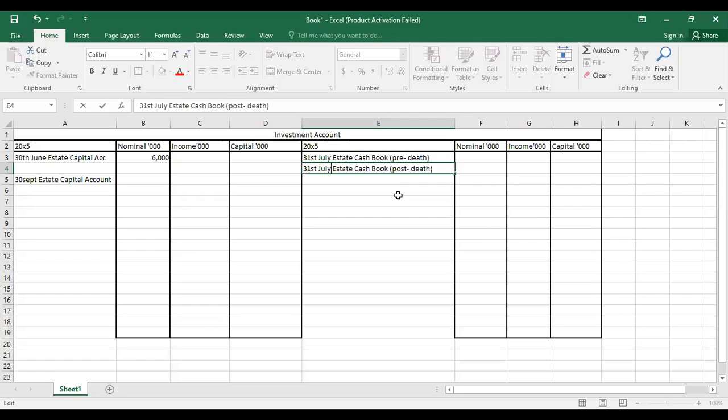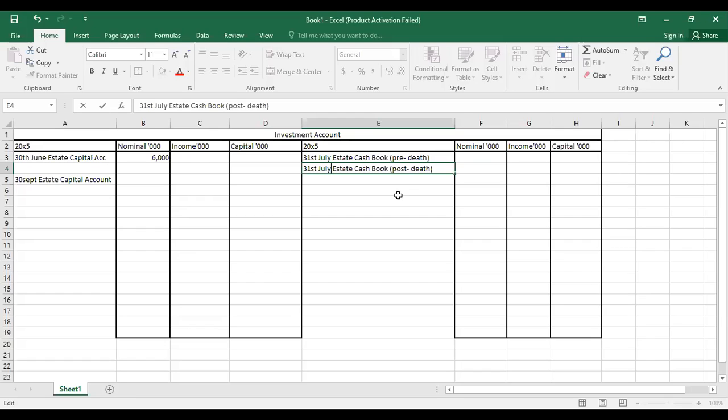January is over, so there will be 6 months. So we'll be working with 6 months. Now I'm asking, when is the interest being paid? It is being paid on 31st July.